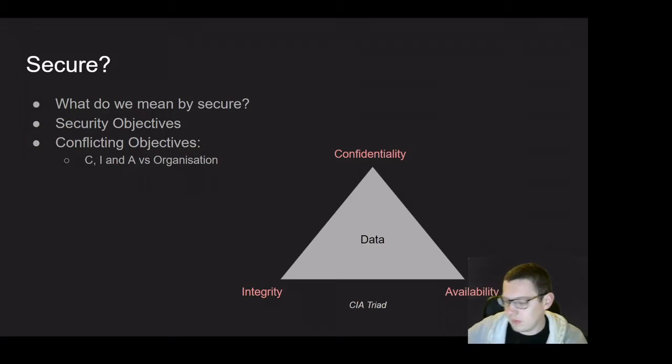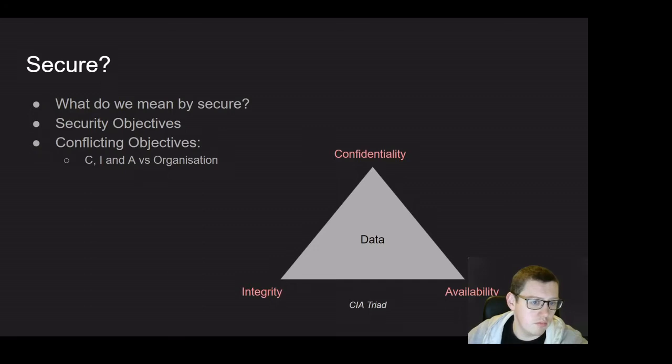So the number one organizational goal of a business is to maximize profits. Historically, it was common for businesses to just completely forego investing in security because they saw it as an unimportant expense.